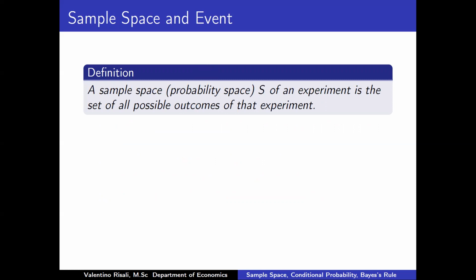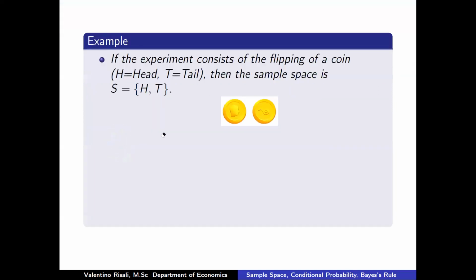So if we do an experiment, such as we toss a coin that has two faces, that is the head and the tail, all possible outcomes are H and T. And then after that, we put H and T into a set named S. So the sample space is S, which contains H and T. This is because we only have two faces for our coin.